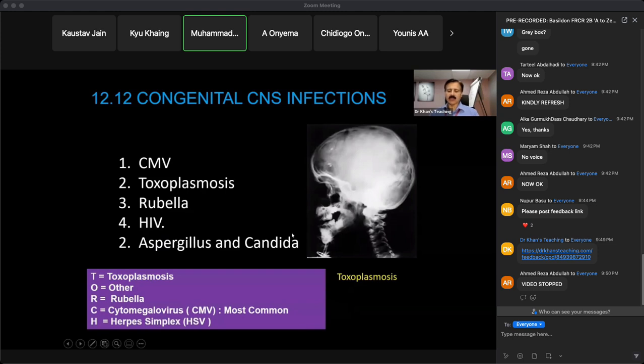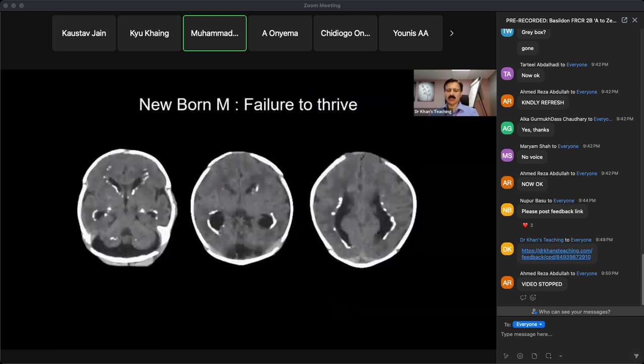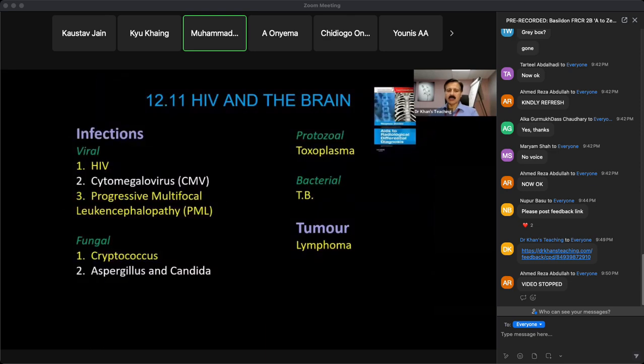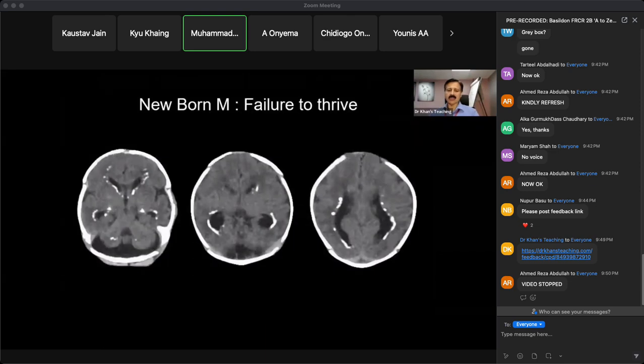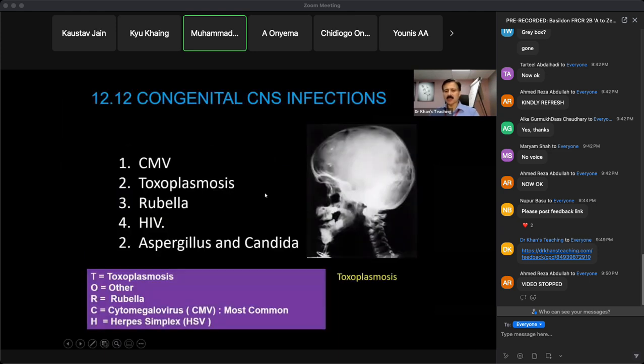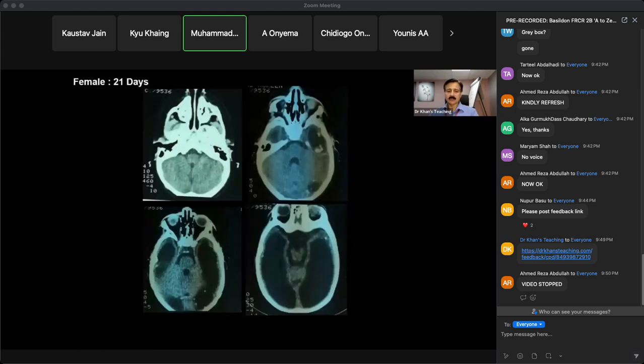Now, the key finding is that most of these will have subependymal calcifications. And they will show you in the exam a neonate with intrauterine skull calcifications on a plain film. It used to come so often in the past. They can also show you a CT scan.